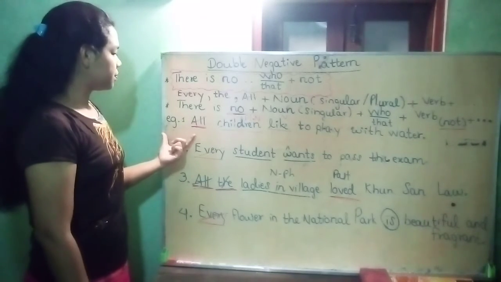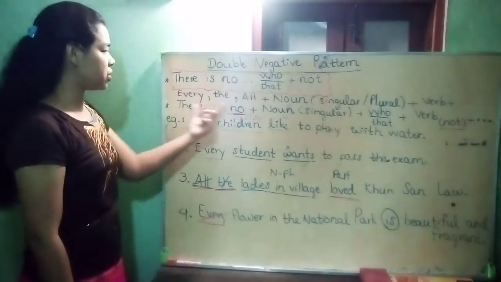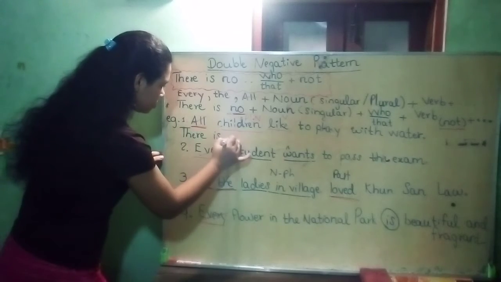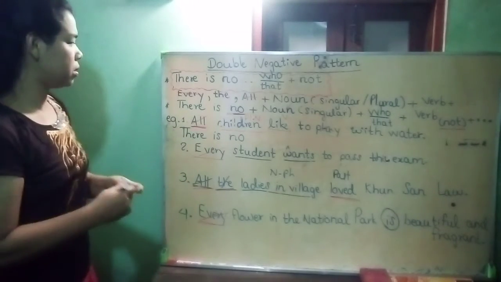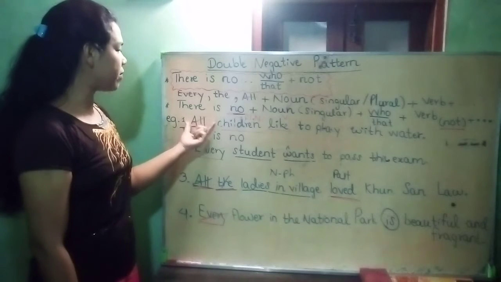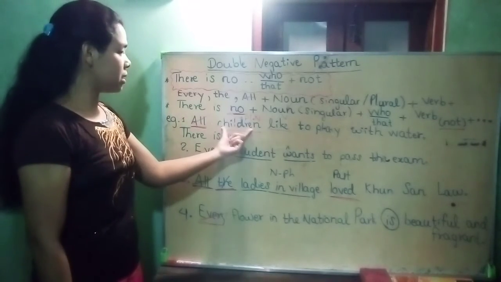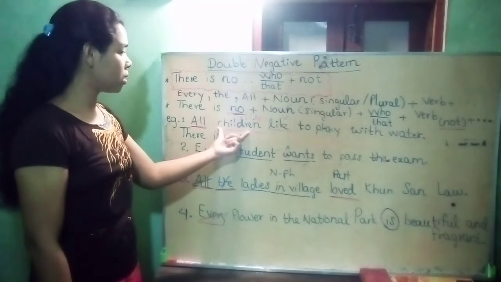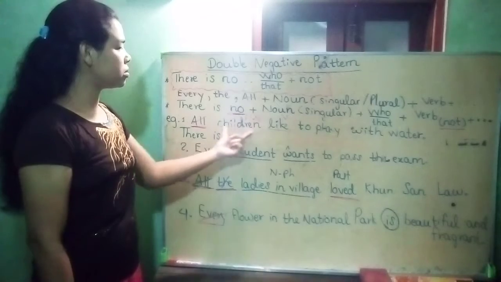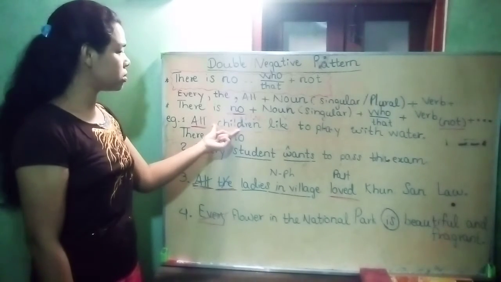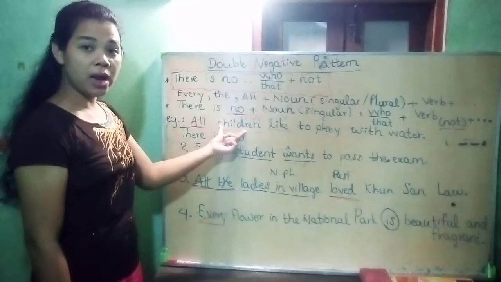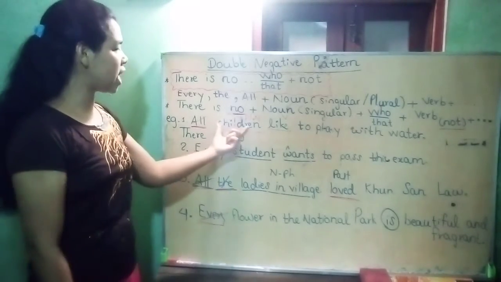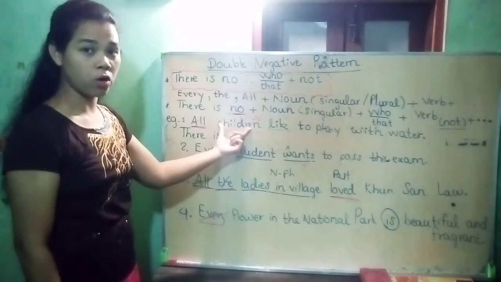So let's begin the sentence with there is no. After that, you will see children. Children is a plural noun. So you need to change the plural noun into a singular noun. Child is the singular noun of children. So you need to change children into child, the singular form.